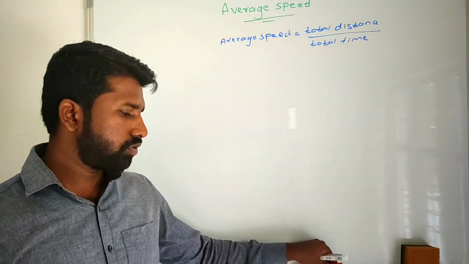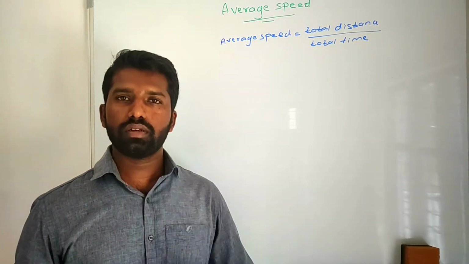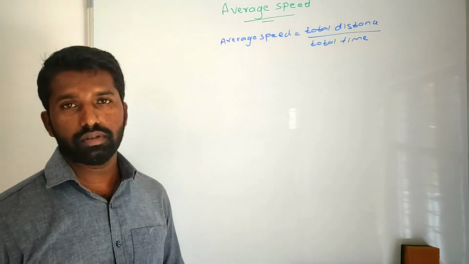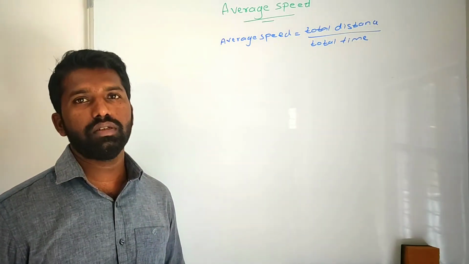Normally there are two types of problems. In the first type, the distances are equal. Then what is the average speed, we will see.